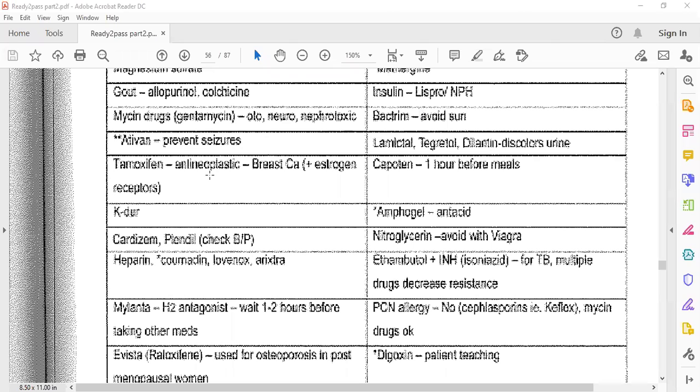It can treat breast cancer. It can also prevent breast cancer in women at high risk of developing it, right? Tamoxifen attaches to the hormone receptor in the cancer cell, blocking estrogen from attaching to the receptor.